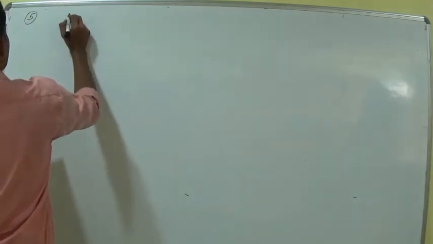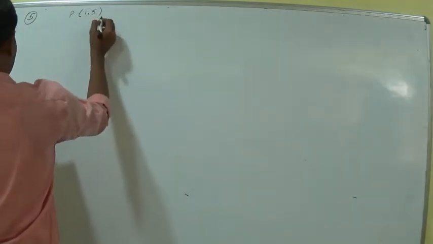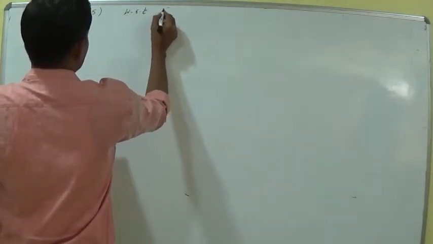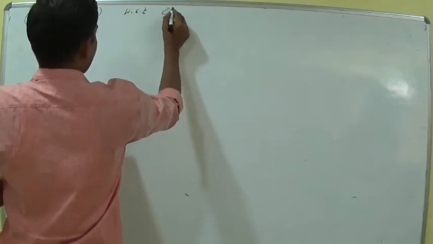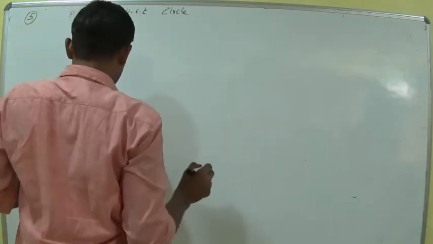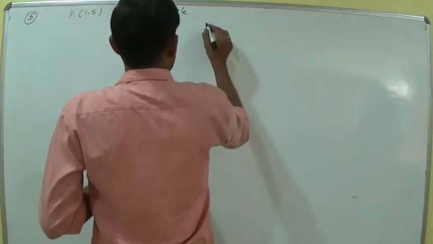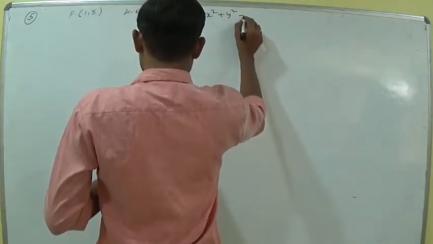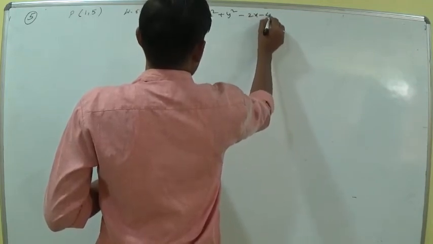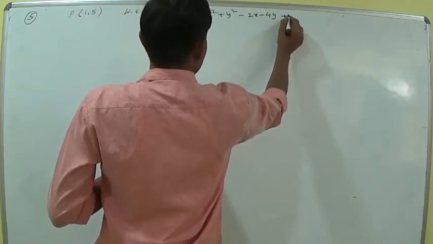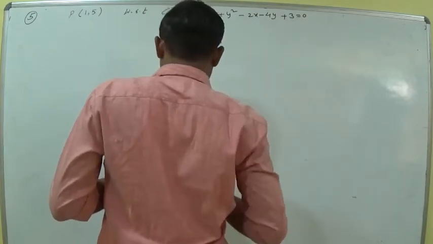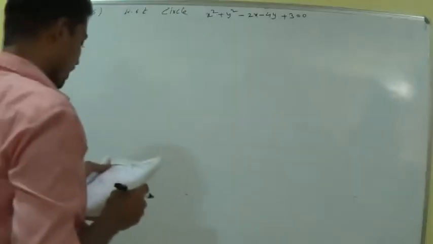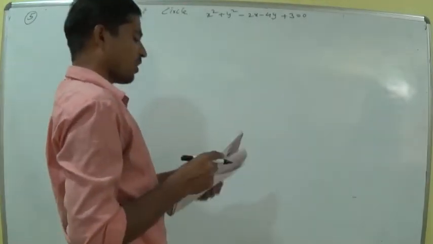Position of P(1, 5) with respect to the circle x square plus y square minus 2x minus 4y plus 3 equal to 0. Here we have to find S11 again.